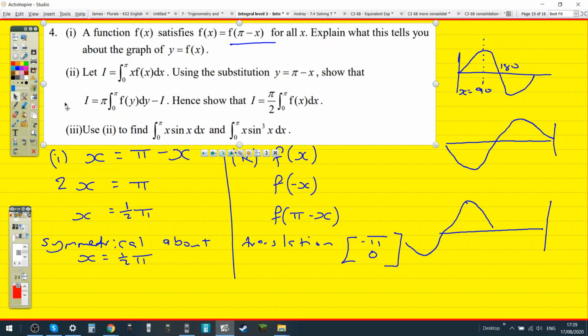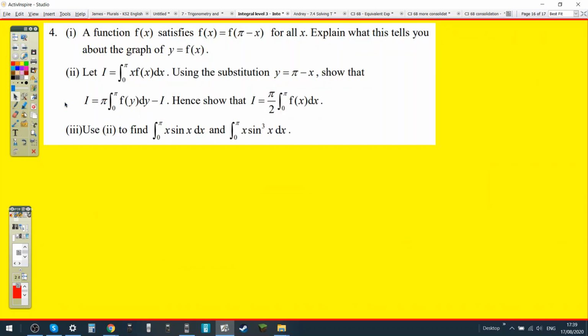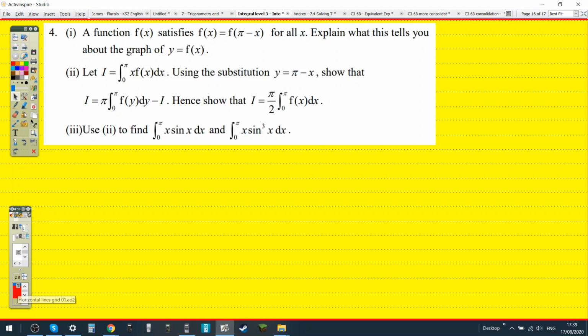Okay, part 2. You're going to have to help me with this one. Okay, so this is substitution. So y equals pi minus x.